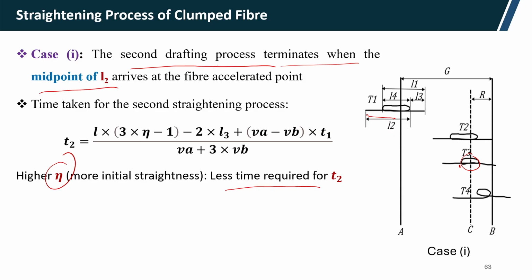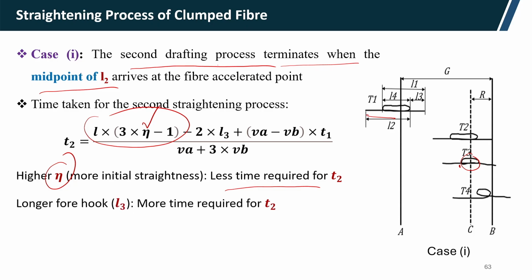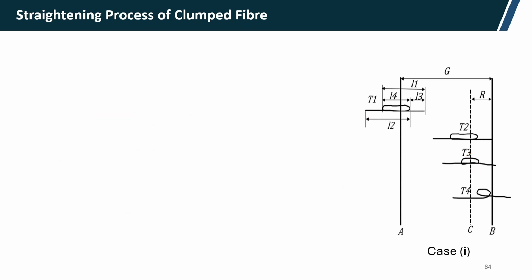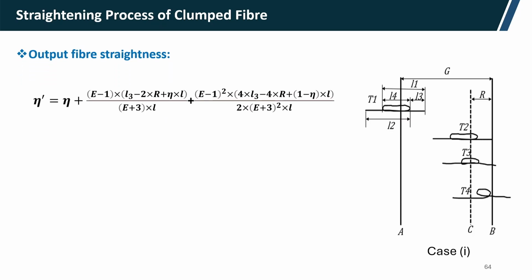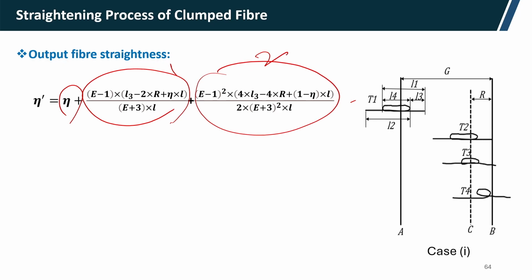If eta is higher, that means more straightness. So, for a longer fore end hook L3, more time is required. Output fibre straightness is given by this relationship: the input fibre straightness by term 1 plus term 2.